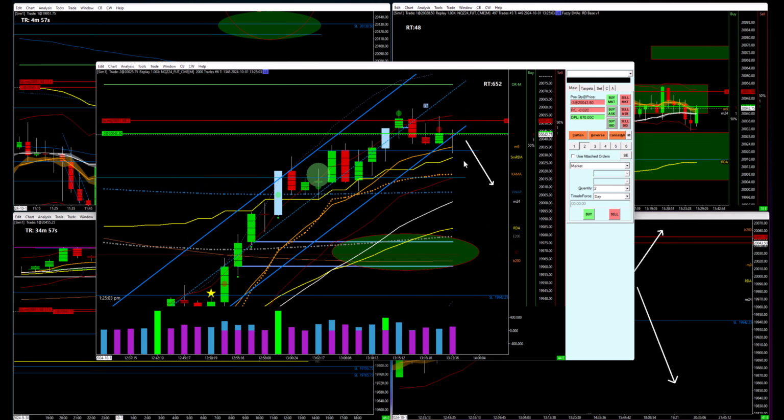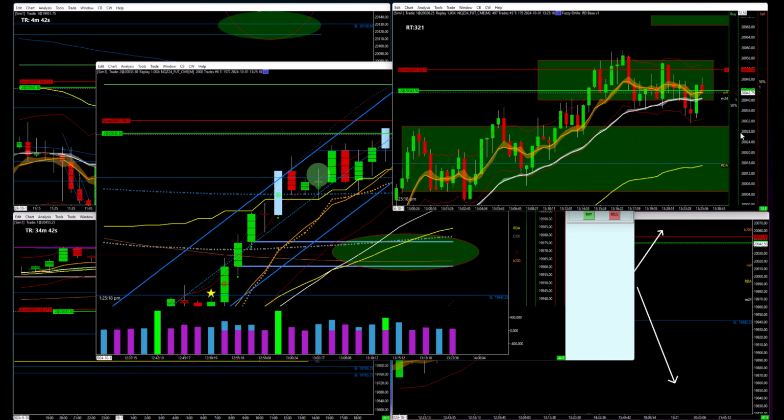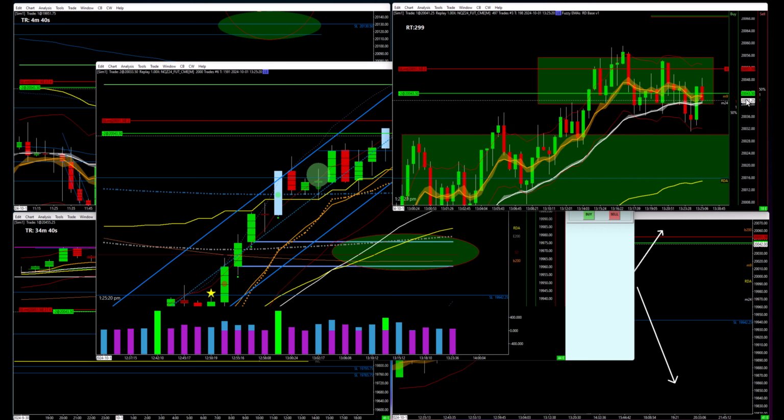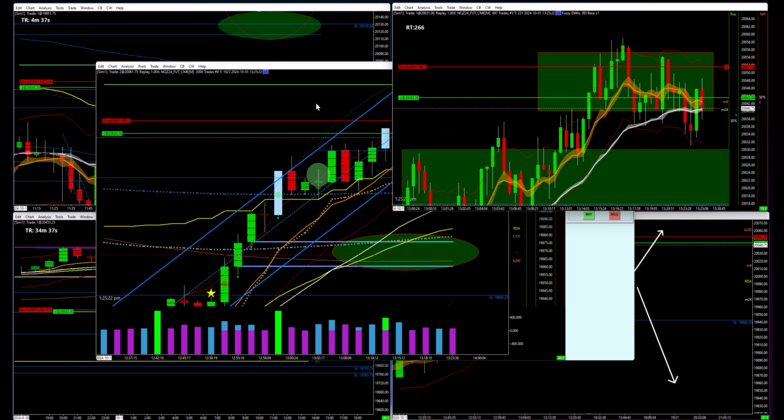Let's believe an impulse down for now. We'll know in a couple seconds if the chart believes an impulse down, or was this just a test? It might have been a test. Or not.